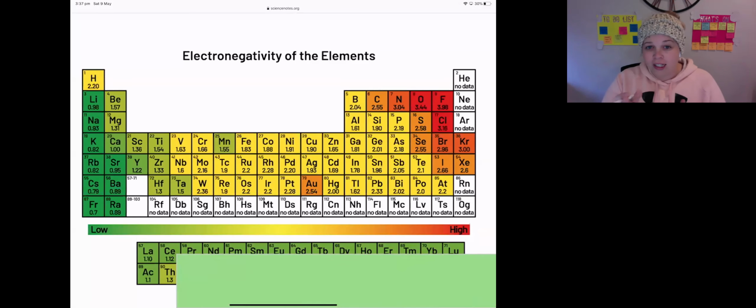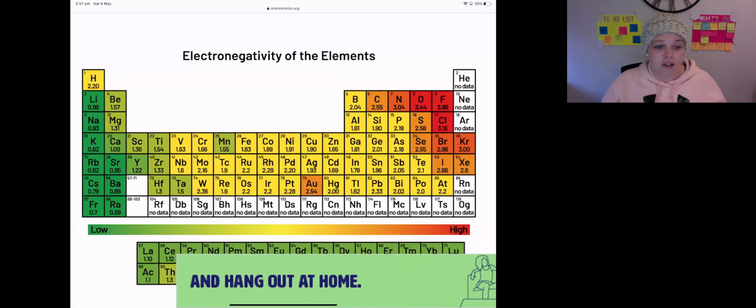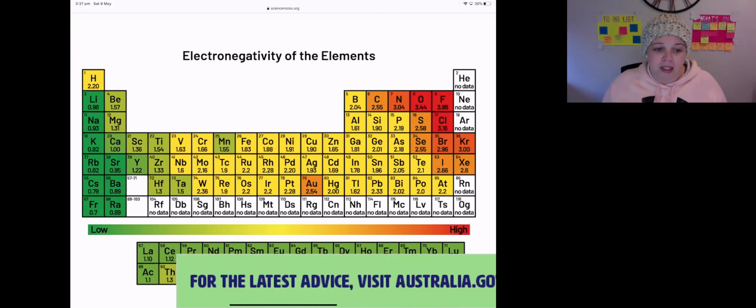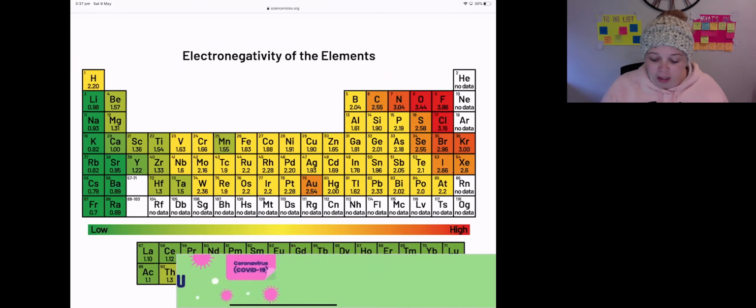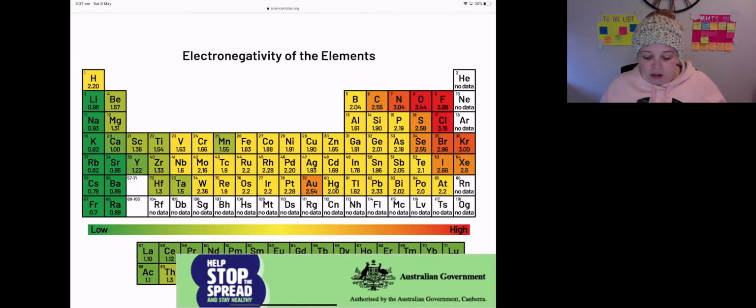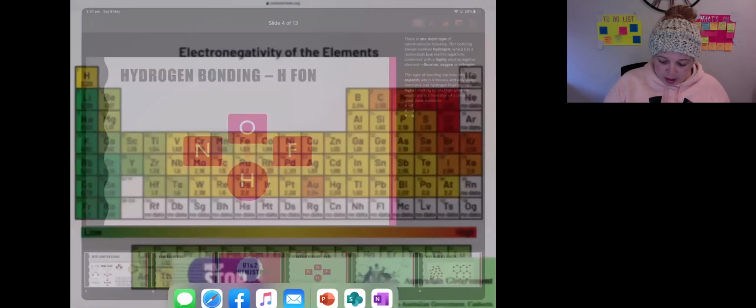So let's use this table to figure out why, in particular, hydrogen and these three elements. You can see hydrogen over there at 2.2. Then we've got nitrogen, oxygen, and fluorine are all above 3. So let's put them into our notes here.